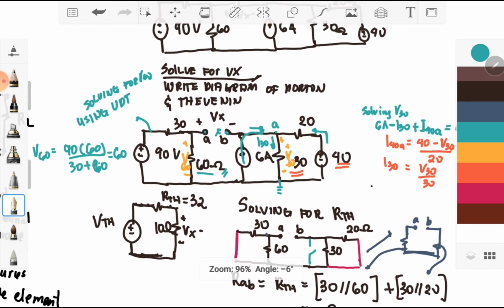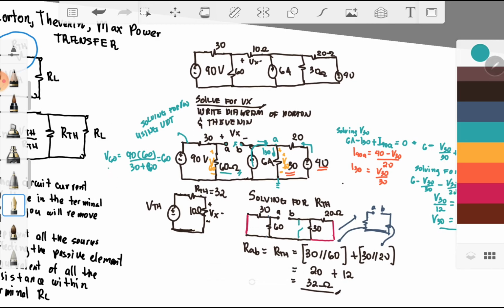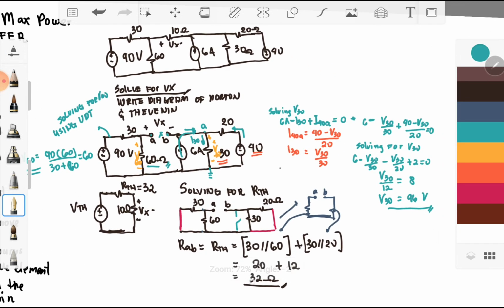Upon knowing this one, your V60 and your V30, which is an essential part in solving your Vx, we will make a mesh or a loop with this. So we will go into your VTH, pass through the 6 ohm, and then we will go to your V30, then we will go back to your V60. Okay?